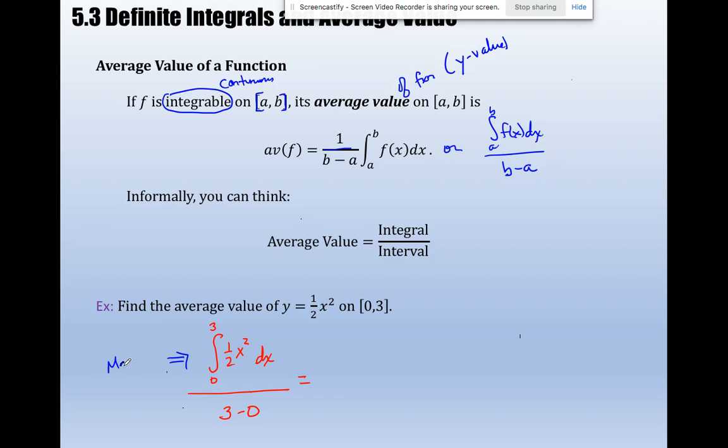You would Math 9 that. So you would go to Math 9 from 0 to 3 of the function 1/2 x squared with respect to x, and you would get 4.5. That's the value of the integral, and you would divide that by 3, and you would get 1.5.